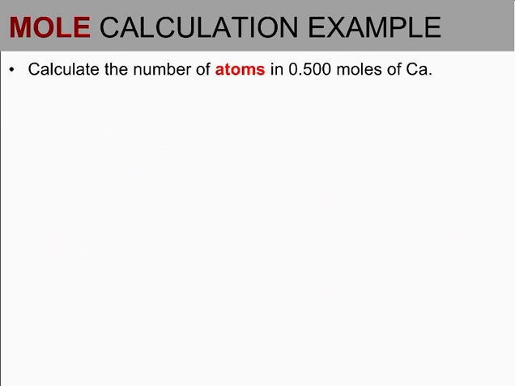Now let's do one more problem. Let's calculate the number of atoms in 0.5 moles of calcium. Let's start by writing out what we're given. We're told that we have 0.5 moles of calcium, and we need to determine the number of atoms of calcium.